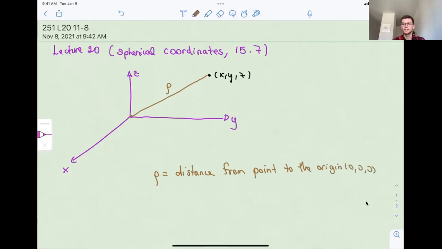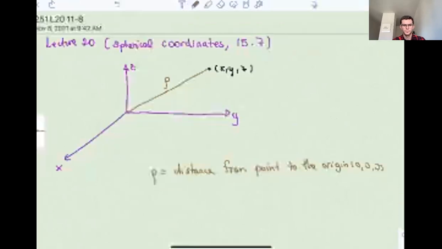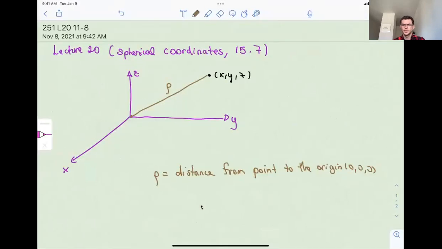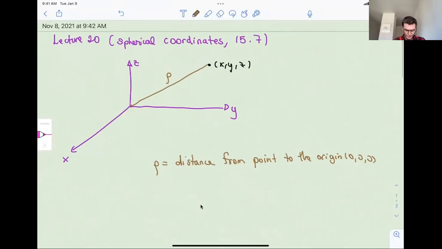I don't know if you remember Pythagoras' theorem; we did it before with vectors. So this is just the square root of x squared plus y squared plus z squared. That was the formula for the distance from a point to the origin.